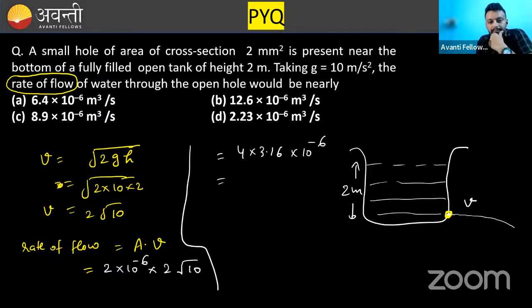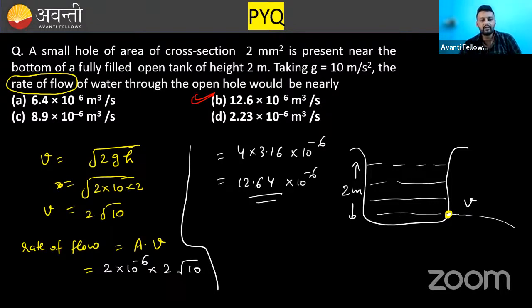So it will be 12.6 into 10 raised to the power minus 6, which is option number B. Option number B. Very good. Clear? Moving further.